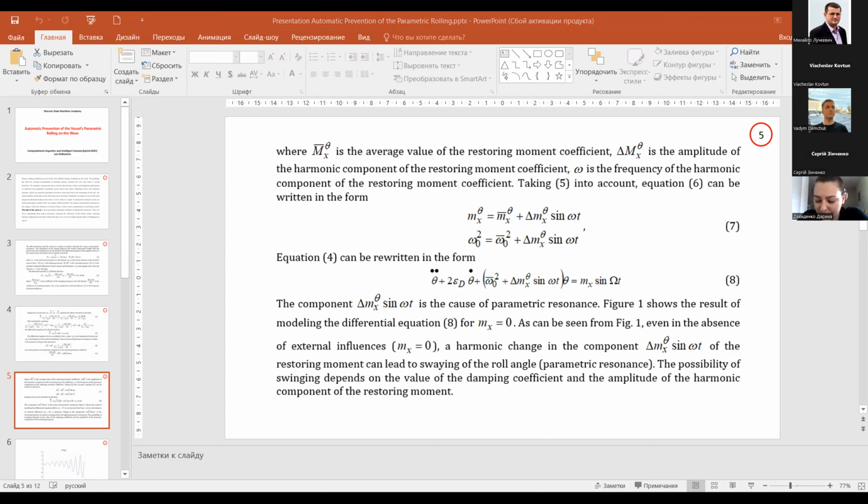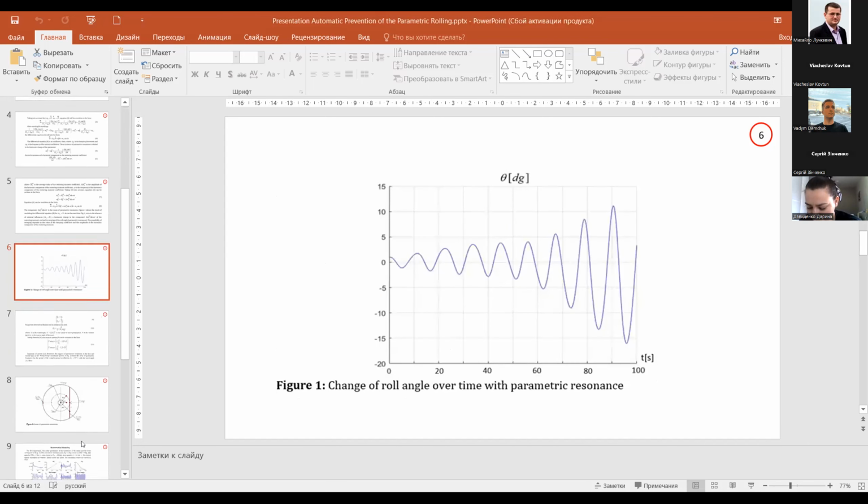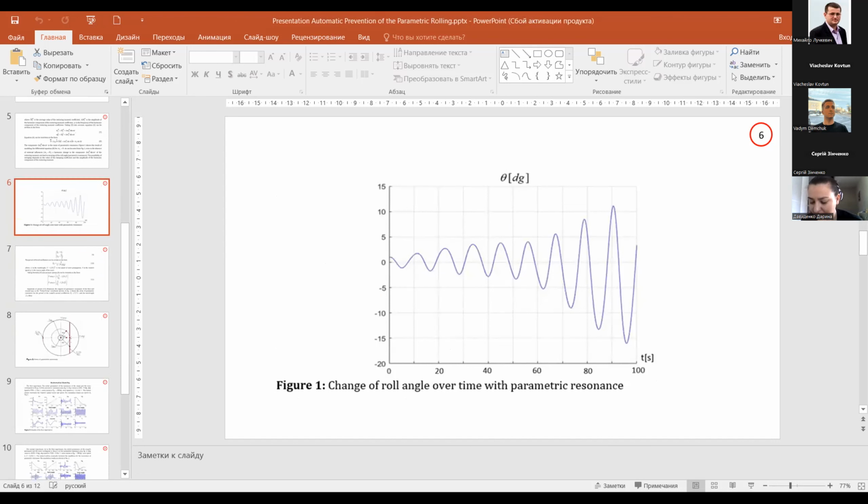Considering all this, equation 4 can be rewritten in the form 8. The component delta mx theta multiplied by sine omega t in equation 8 is the cause of parametric resonance. Figure 1 shows the result of modeling differential equation 8 for mx equals 0.